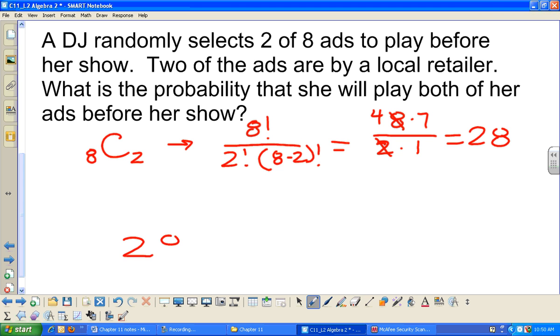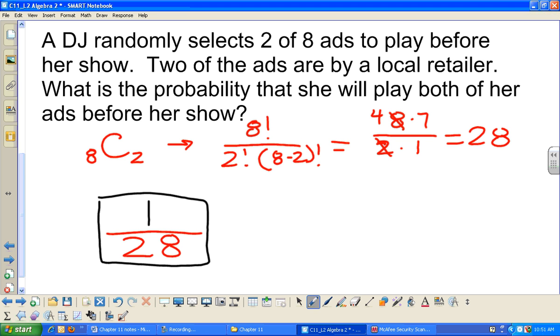So 28 goes on the bottom of my fraction. Total always on bottom. Only 2 of the ads are from the local retailer. So there's only one option here that she can play both of her ads. So it would be 1 out of 28.